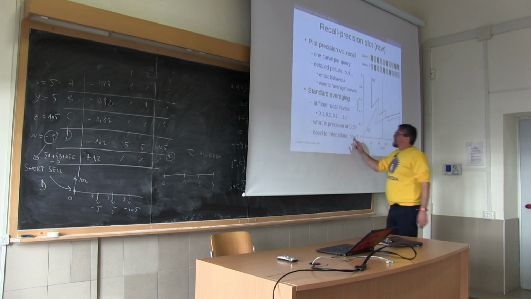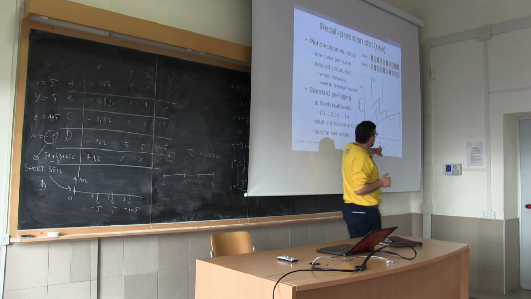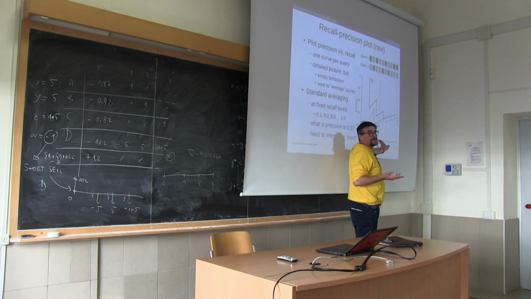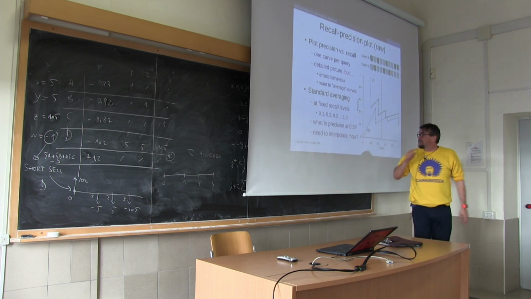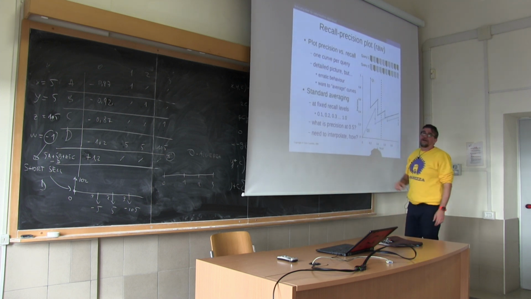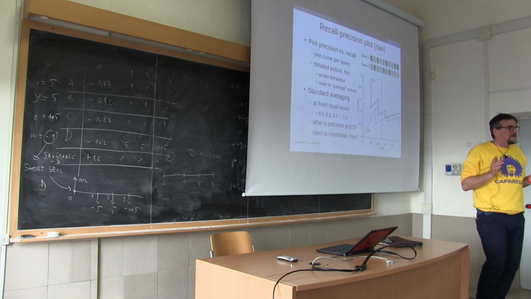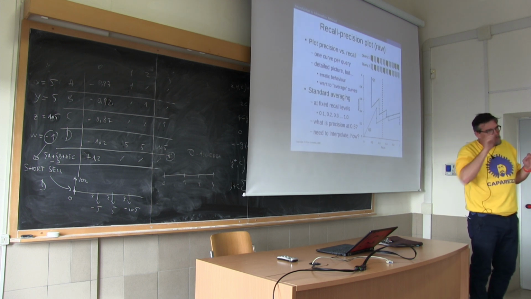Okay, we need to interpolate. How? The problem here is the following. When we are at 0.5, there is no point. Remember that in this graph, even if we have lines connecting the points, those are artificial. The points are real and have a meaning, but the lines are simply to connect the points.